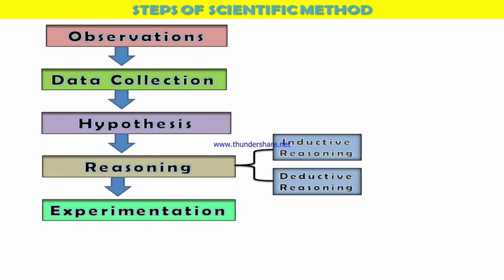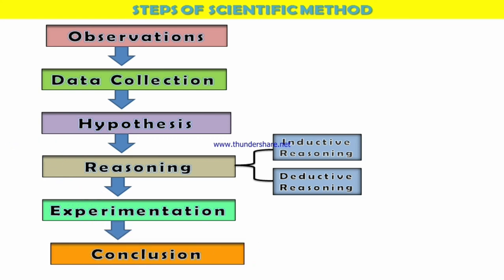So conduct a fair test by making sure that you change only one factor at a time and keep all conditions constant. You should also repeat your experiment several times to make sure that the first result wasn't just an accident, and analyze your data and draw a conclusion.